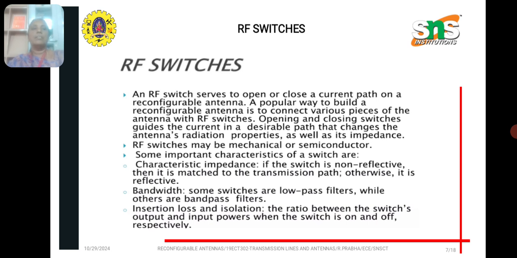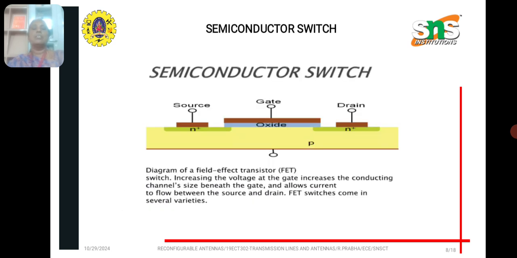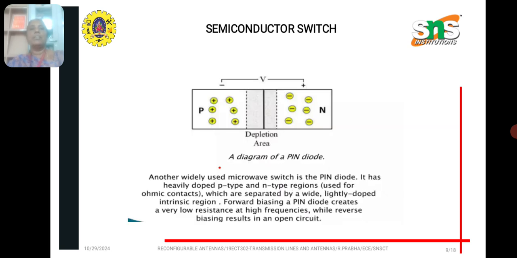In characteristic impedance, the switch is non-reflective. In bandwidth, some switches act as low pass filters and others act as band pass filters. Insertion loss and isolation are the ratio between the switch output and input powers when the switch is on and off respectively. Semiconductor switches, such as the field effect transistor, can also be used in reconfigurability and come in several varieties.